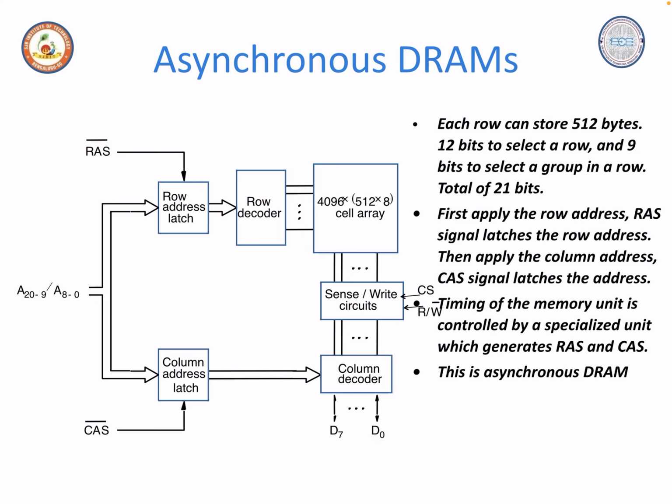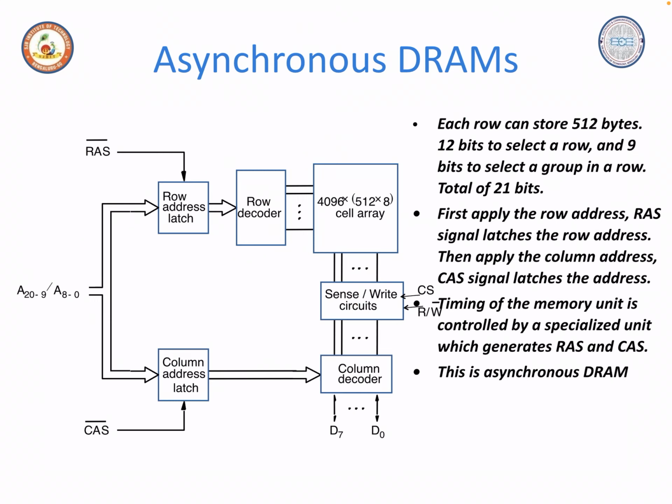Again the 2 mega cells they can implement by using 4K cross 4K. Again 4K they can group into 512 into 8. So 512 into 8 comes to 4K, indicating a total of 4K RAM.